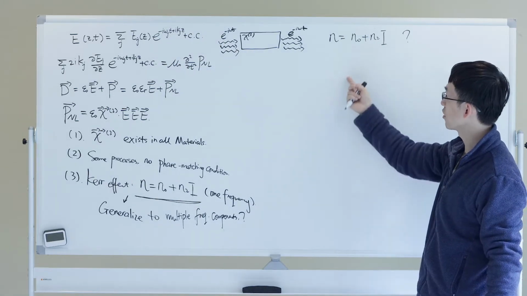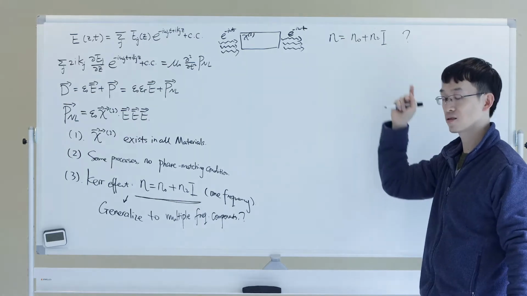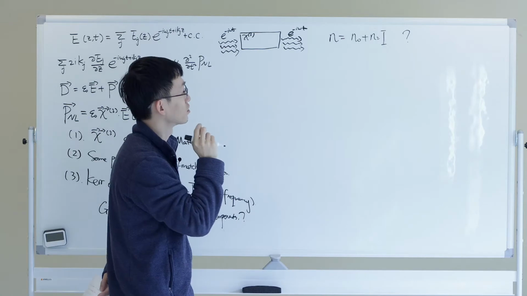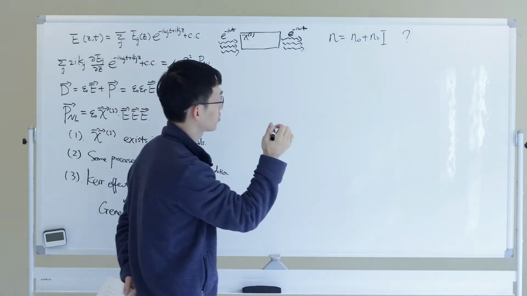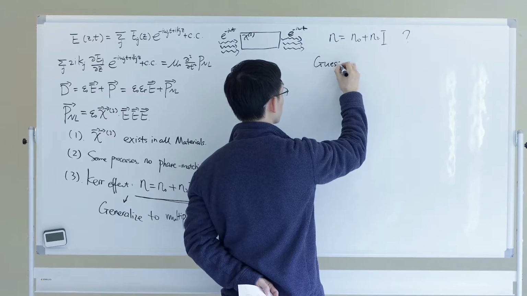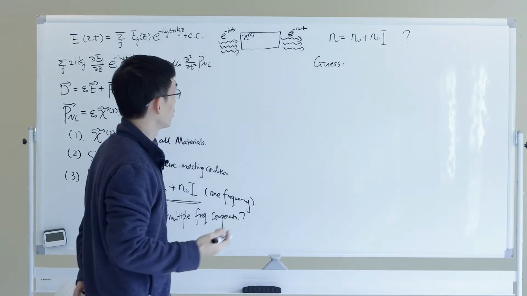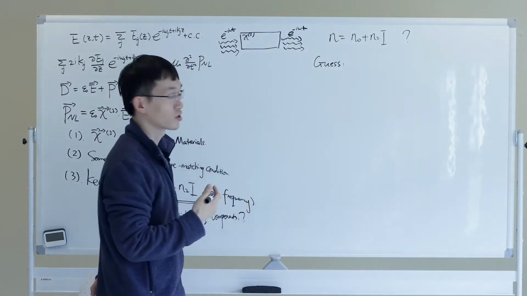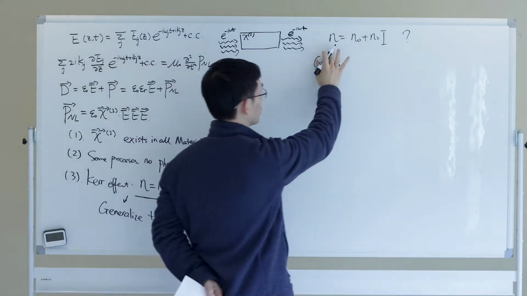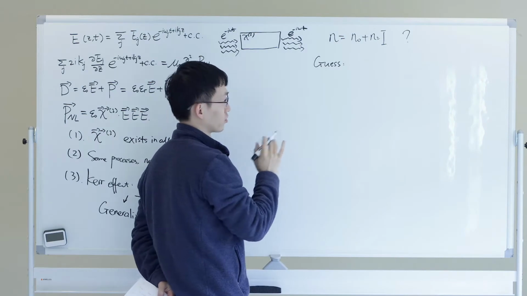Before we even calculate anything, we should actually try to guess what's the correct form. Of course there are at least two reasonable guesses here. One is that, because we derive this from a single wavelength, single frequency, you might guess that these are frequency dependent.